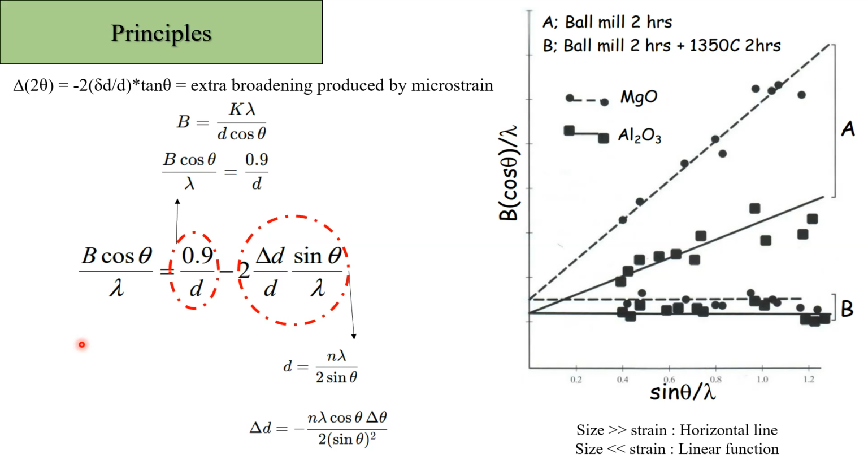But when we just ball mill our sample for 2 hours, there will be a mixture of size and strain, but the strain will be more than size. So we can see that there is a linear relationship between these two y and x variables. It depends on what treatment or process we applied to our samples.